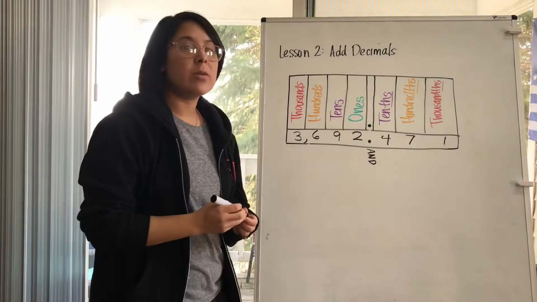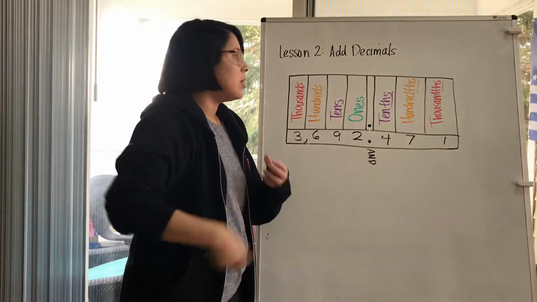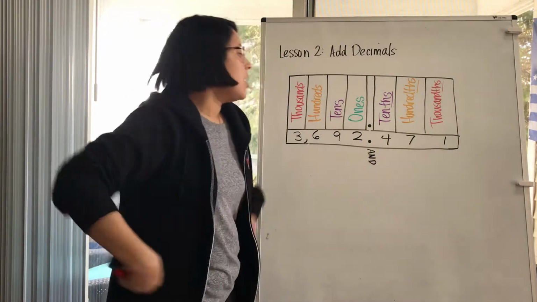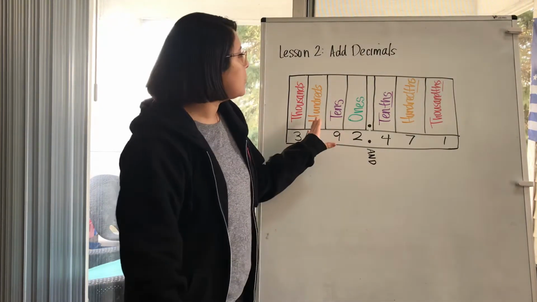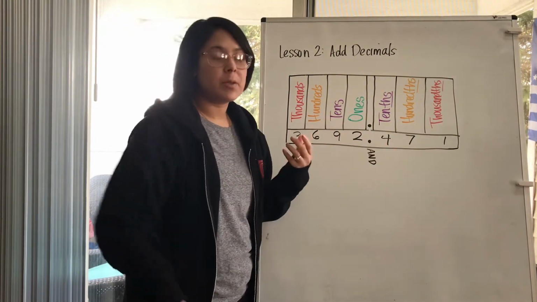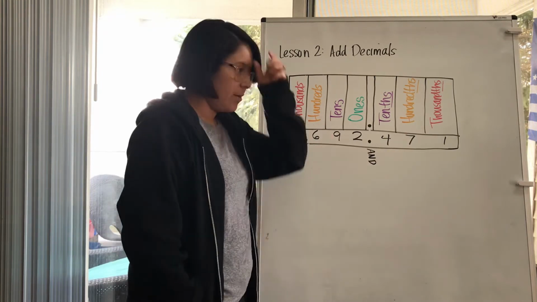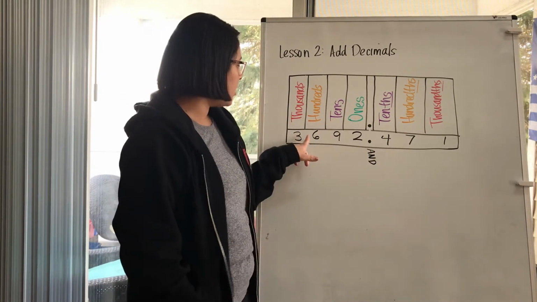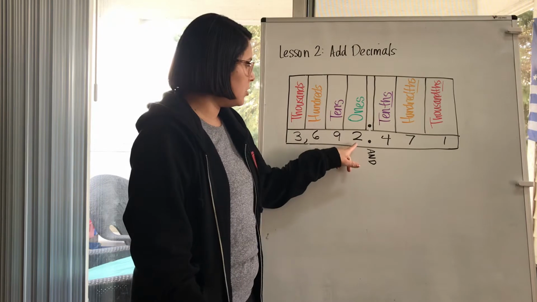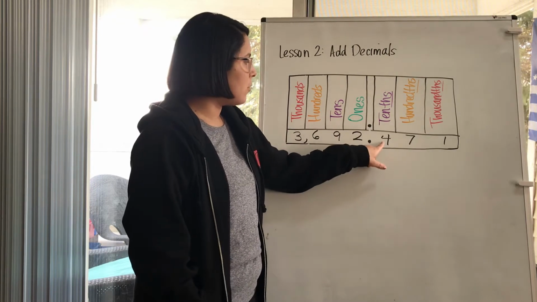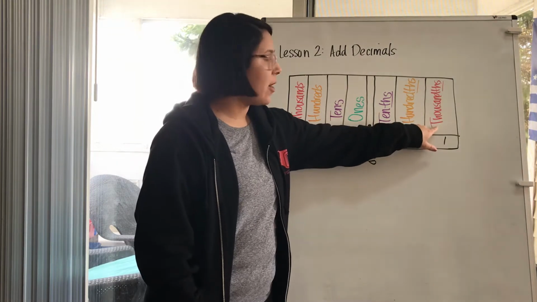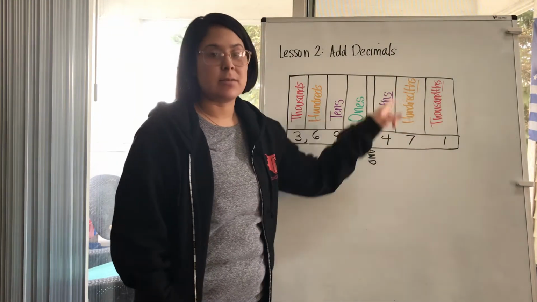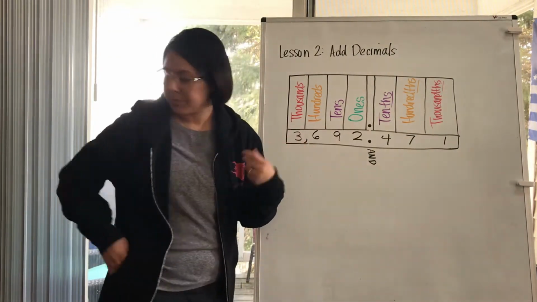Okay, and remember yesterday we talked about my little analogy, okay, the numbers are your first name and the place value is your last name. So we have 3,692 and 471. That's your first name. Thousandths, that's your last name because that's the place value. That's the name of where it goes.